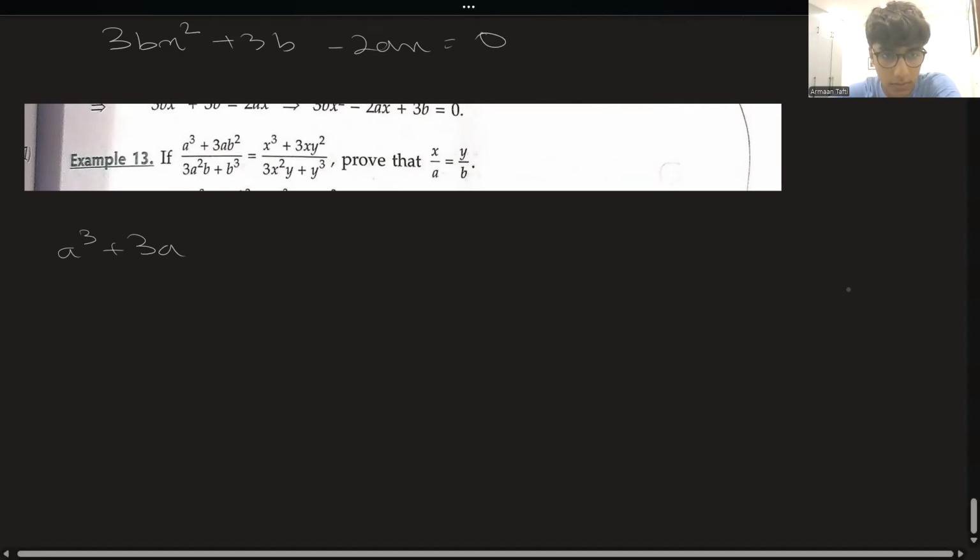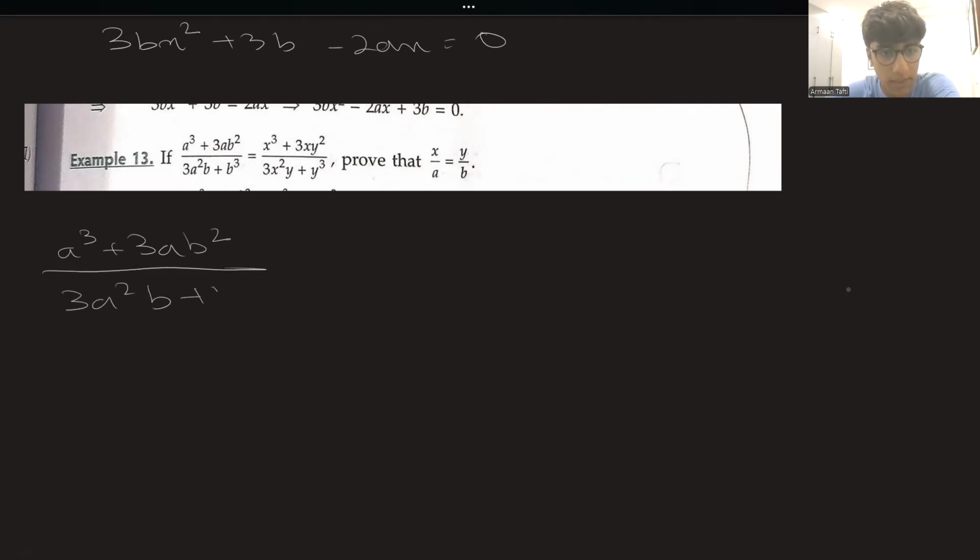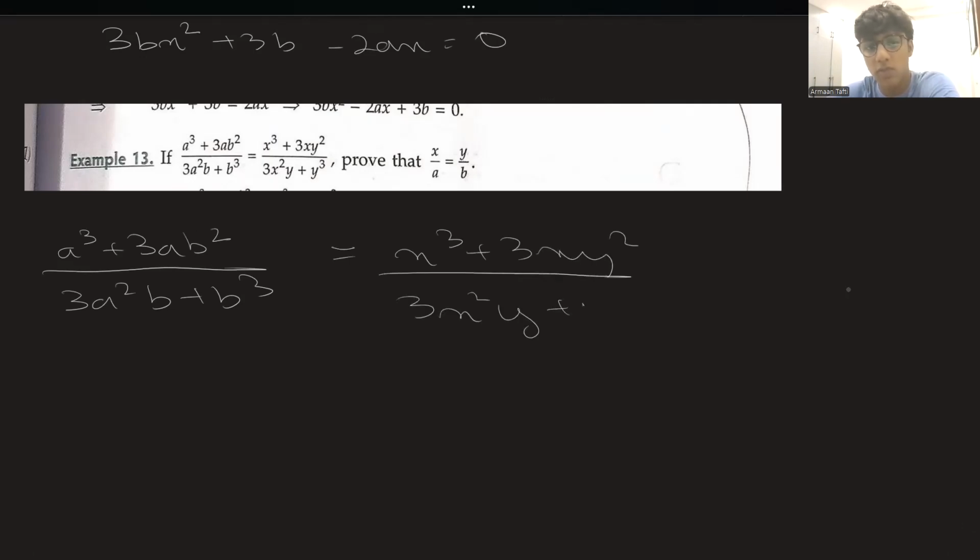So we've got what? a cube plus 3ab square divided by 3a square b plus b cube equals x cube plus 3xy square divided by 3x square y plus y cube.